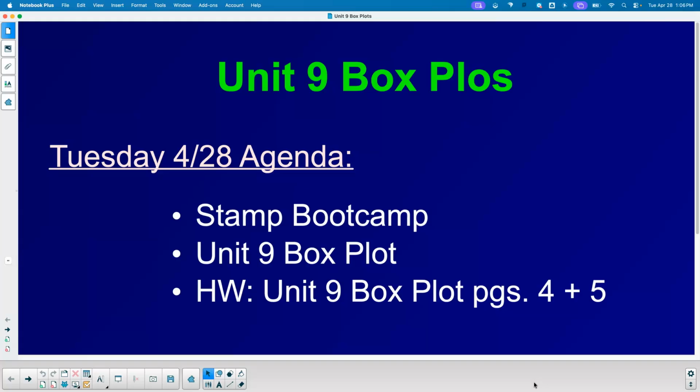And then tomorrow, the kicker is, you need to bring a charged Chromebook to class. Okay? So you got to have your charged Chromebook tomorrow in class because tomorrow we're doing a Desmos activity where we're going to make box plots on Desmos. Okay? So quick, easy to do. So there we go. All right.